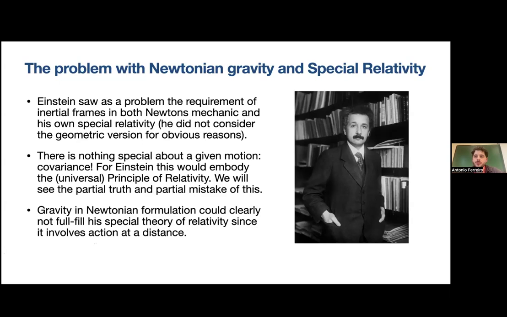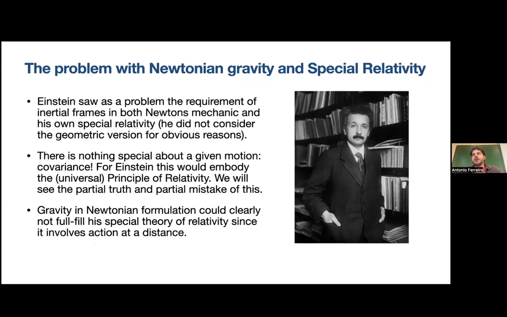So after the development of special relativity, Einstein clearly had in mind that, on one hand, gravity cannot be accommodated trivially to special relativity. One can see that by the fact that gravity is an action at a distance, so one has, in principle, infinite velocity of propagation, which is not according to special relativity a correct theory.